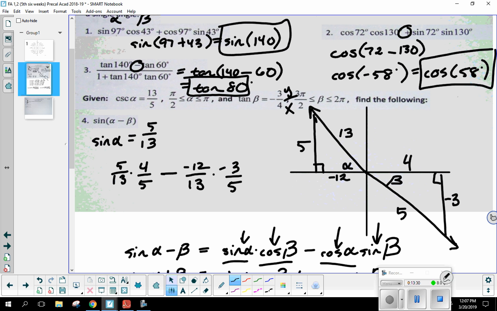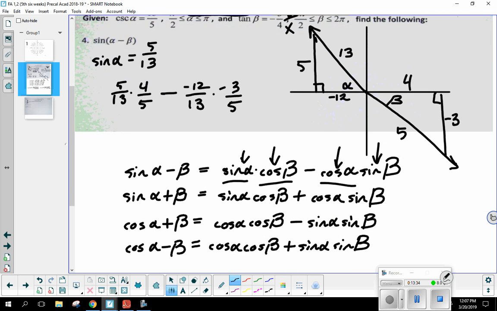Well, let's see. How would I multiply those two fractions? What is 5/13 times 4/5? 20 over 65. There we go. And now you see I've got a negative times a negative, so this minus is going to stay exactly as is.